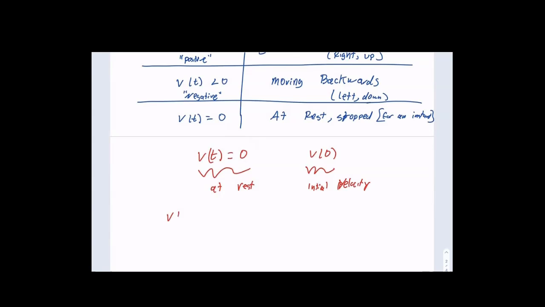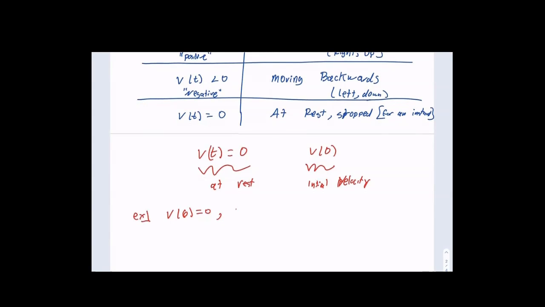So when I say V of 6 equals 0, V of 6 equals 0 means the particle is at rest at t equals 6.